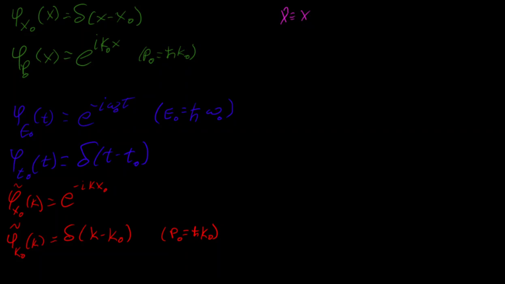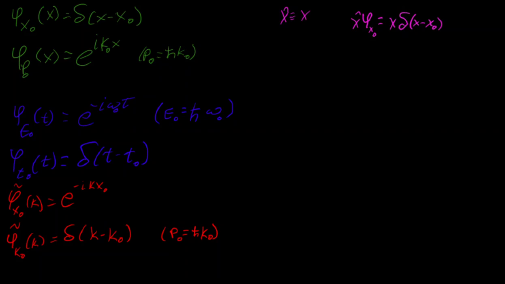And the reason this works is if we take x hat times phi sub x naught, that would be x times delta of x minus x naught, right? But this delta function is going to be 0 whenever x does not equal x naught.